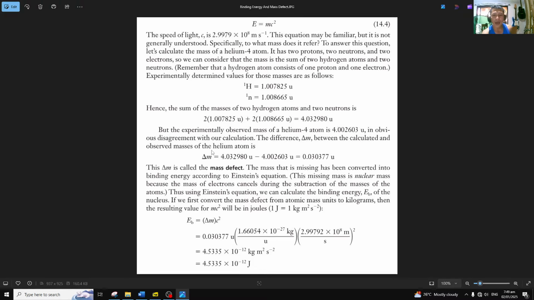Your helium, from the masses of hydrogen atoms, is 4.03, meaning theoretical, and from experiments, 4.002603.